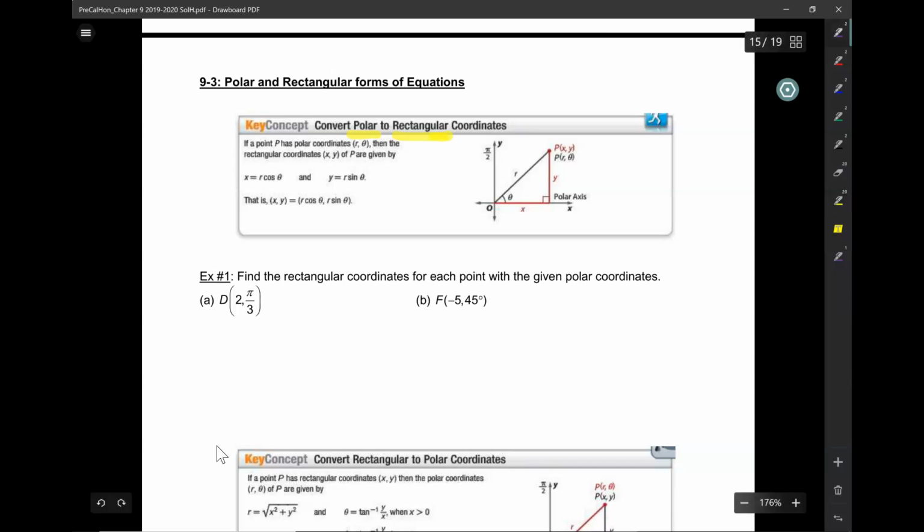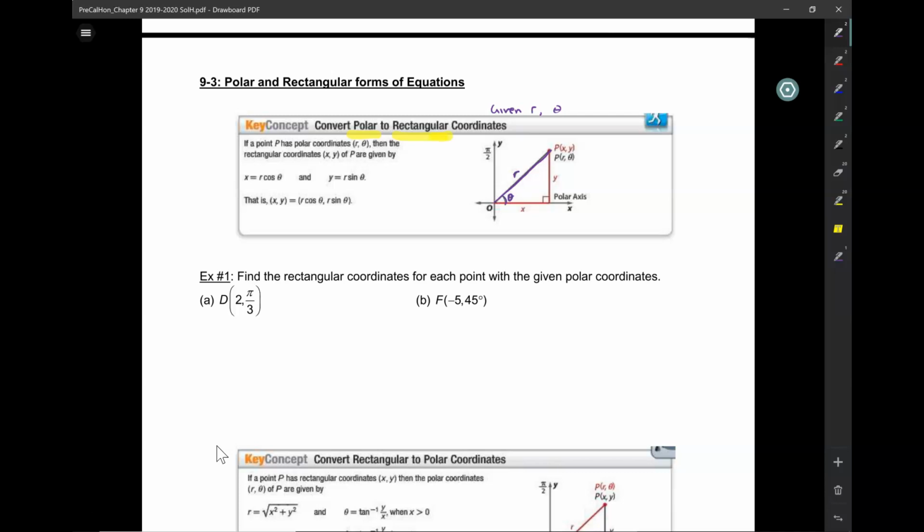Okay, so here's what we're going to do. Suppose you are given r and theta. Okay, so you are given r, this one, and you're given theta, that one.